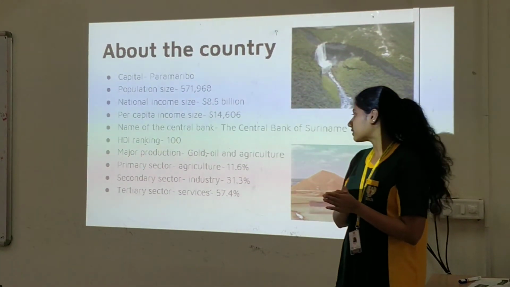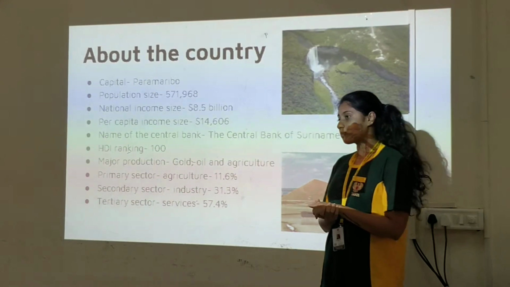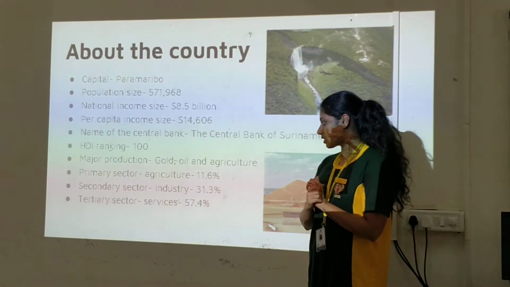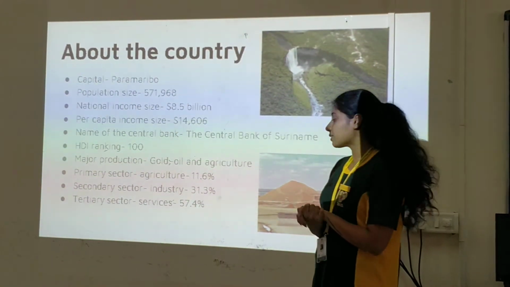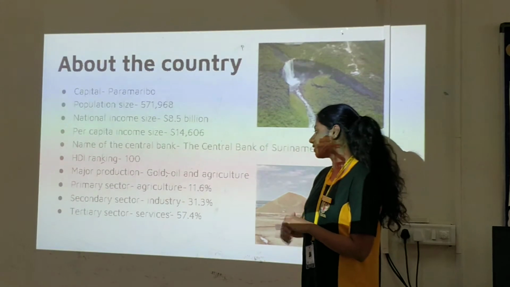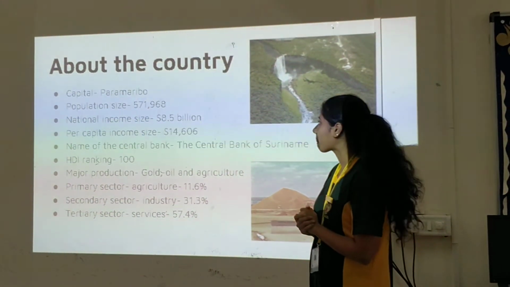In the primary sector, they're focusing on agriculture, which is 11.6% of the economy. Then the secondary sector, which contains the industries, is 31.3% of the economy, and the tertiary sector, which is the biggest here, services, is 57.4% of the economy.